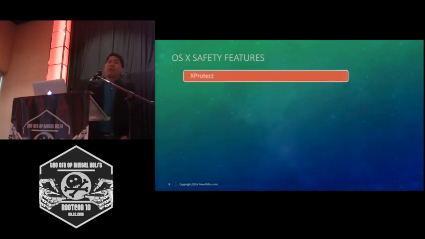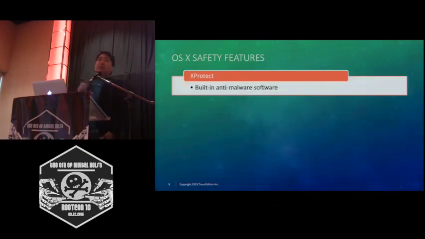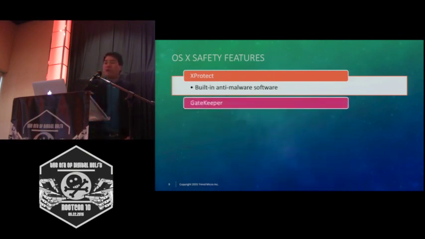First is XProtect, which is basically a hash-based detection system, a built-in AV for Mac. But of course, if a malware modifies the binary by one byte, then you'll have a different hash for it. Of course, you also have Gatekeeper.